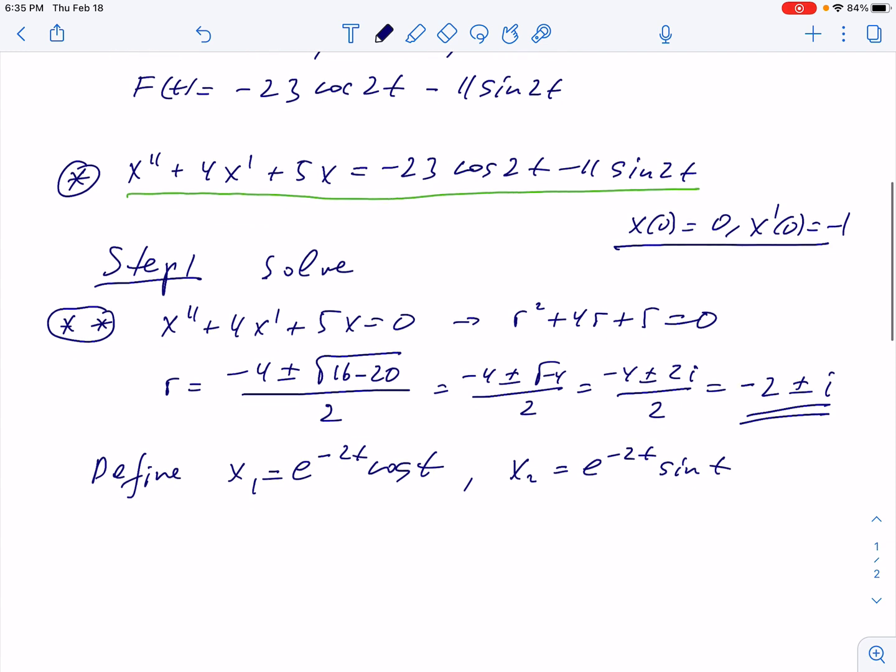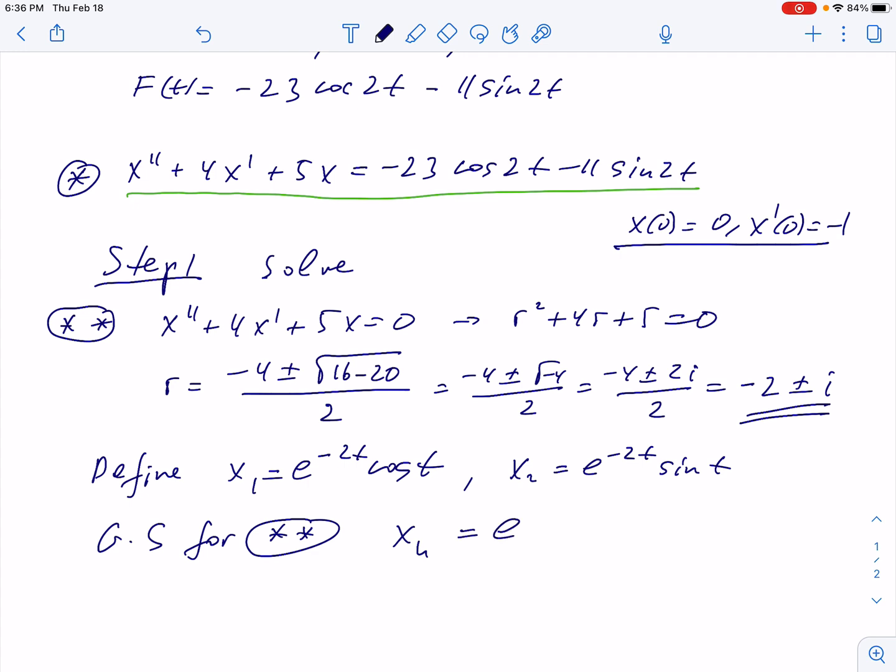Two independent solutions for the homogeneous equation, and we write the general solution for the homogeneous equation. X sub h to indicate homogeneous. This will be factoring the common exponential, a cosine 2t plus b sine 2t. Here, this is the general solution for the homogeneous equation.